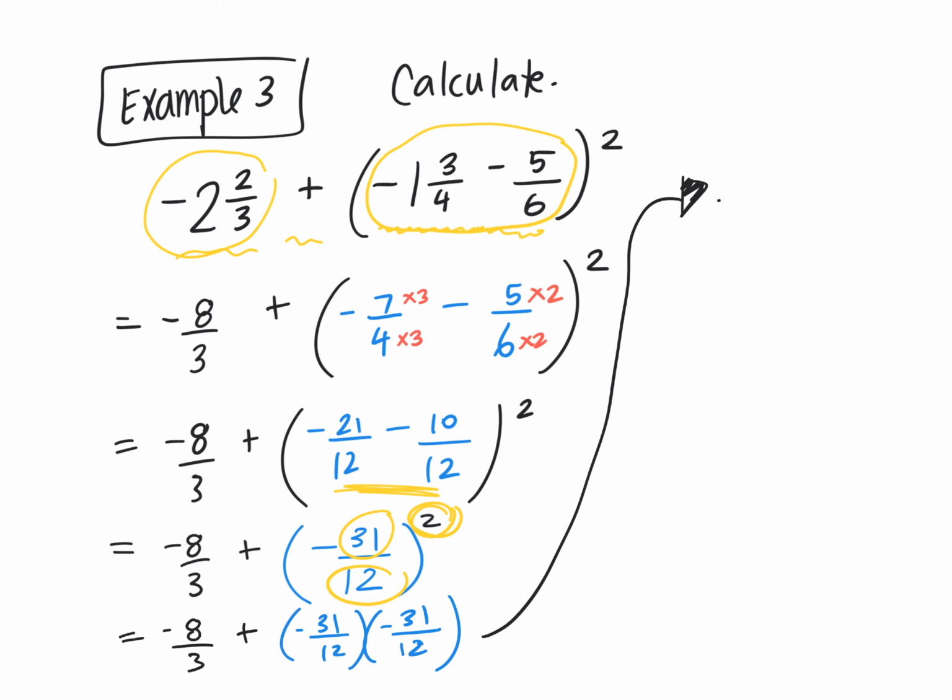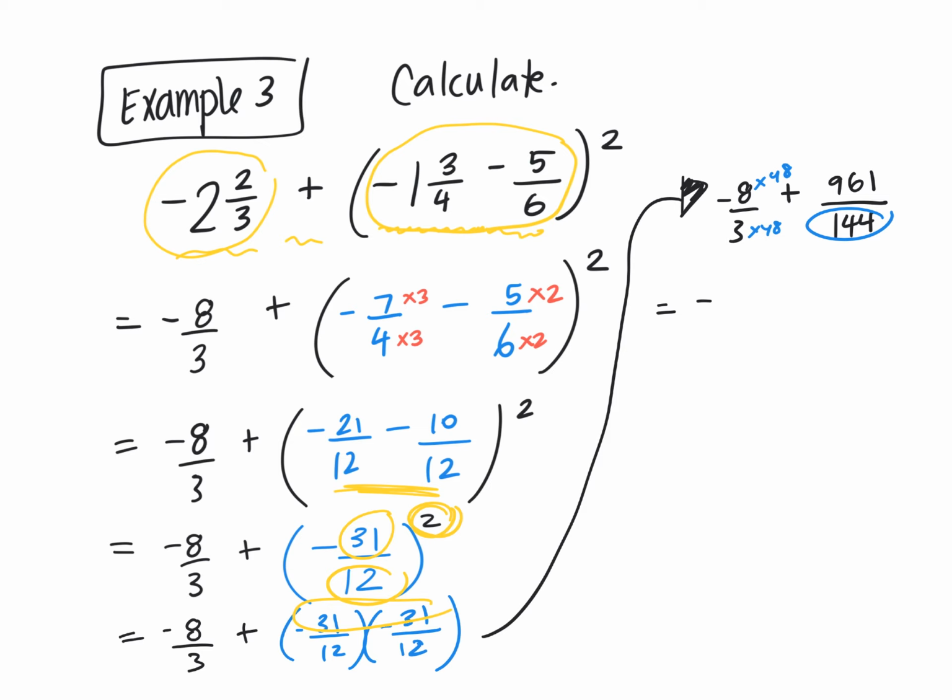Right? Good. So we have negative 8 over 3 plus negative 31 times negative 31 is positive 961, and then 12 times 12 is 144. If I multiply this by 48 and this by 48, I get a denominator of 144. That's one way you could do this. So we get negative, not negative 8.